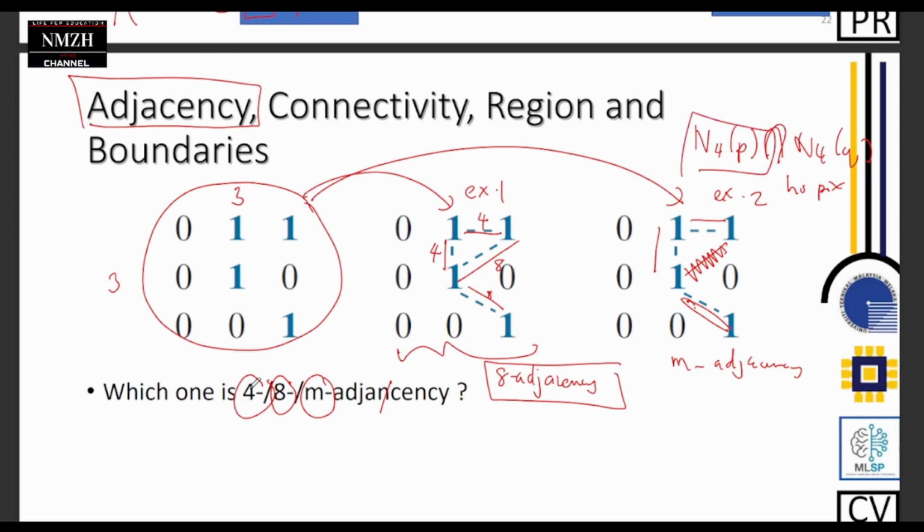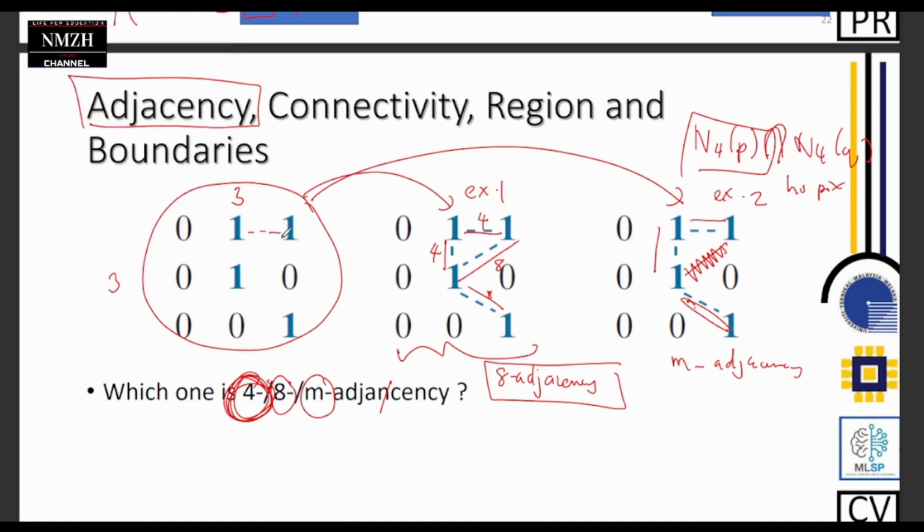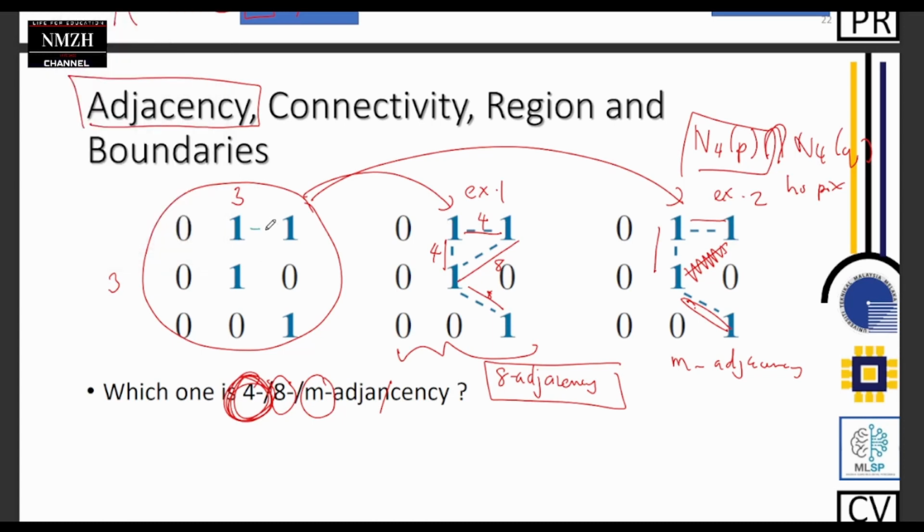So how about 4 adjacency, guys? For this, it will be optional and independent for us. If we try to do it ourselves, oh sorry, it couldn't be red anymore over here. So I will be giving it to you as this. So this is 4, guys.